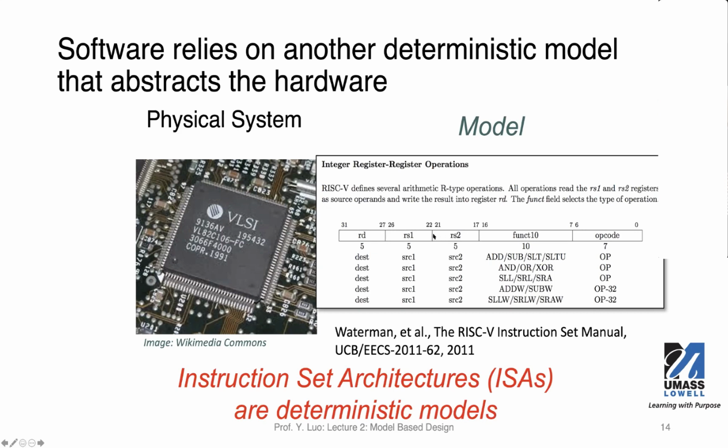The length of the instruction will depend on the type of the instruction, the number of operands, and the type of operands. But either CISC or RISC, the instruction set architectures are deterministic models, and that's why for software you can rely on such a deterministic model. No matter how the electrons move, these functionalities will be supported.